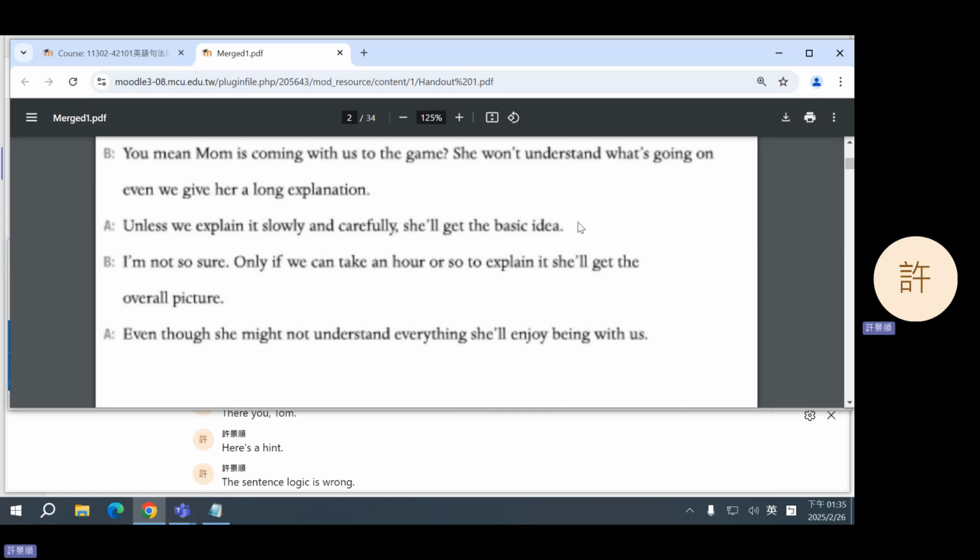The two halves of the sentence are saying different things. 中间有矛盾. Unless means if this does not happen. So the sentence currently says, if we don't explain it slowly and carefully, she will get the basic idea. That doesn't seem right.